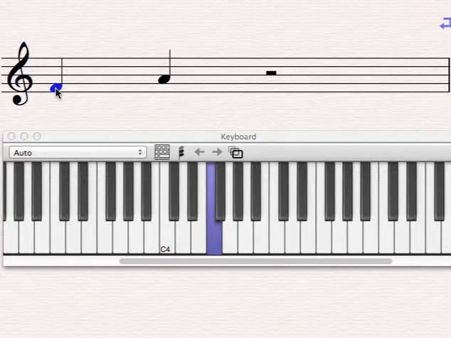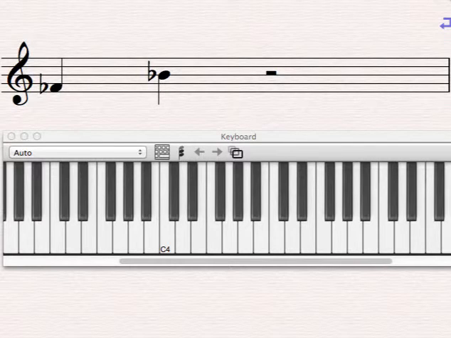Okay, two more methods here about trying to figure out what the intervals are. So if you have something like this, F flat to B flat, and you're trying to figure out what interval this is, and you don't know what F flat major is, you don't know whether or not B flat is part of the F flat major scale, because that was difficult.